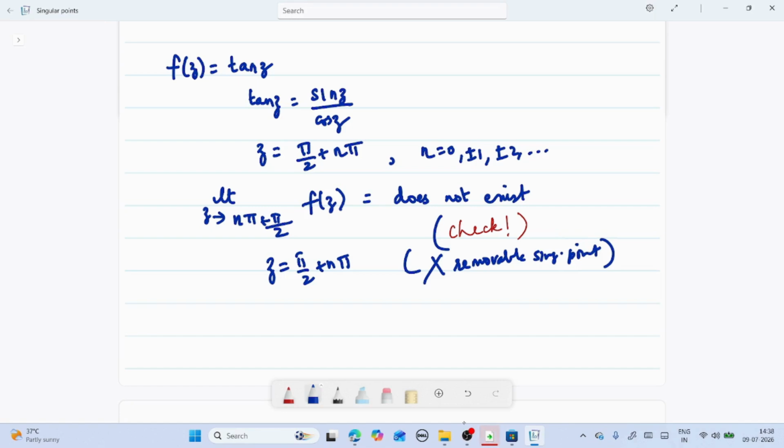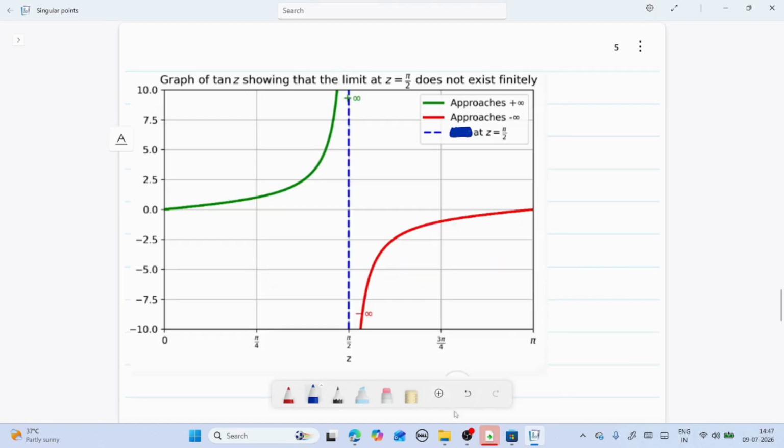So this is just another example where you can show that the isolated singular point is not a removable singular point. You can also see that using a graph. You can check this graph of tan z showing the limit at z is equal to pi by 2, that it does not exist finitely. Similarly, you can check for the other isolated singular points, 3 pi by 2, 5 pi by 2, and so on.